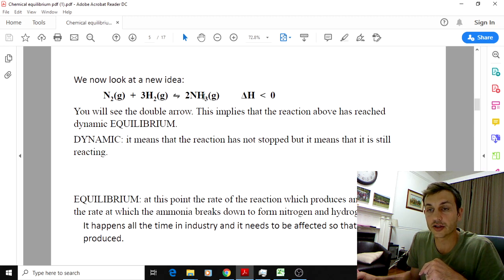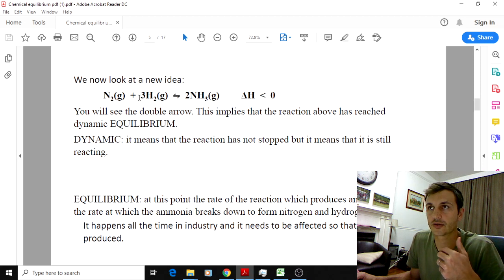That means the reverse reaction has to be endothermic. So if in this closed system we increase the temperature, that's the factor that is changing and affecting the equilibrium. It's going to favor the endothermic reaction. In other words, it's going to favor the reverse reaction, which means it's going to produce more nitrogen and hydrogen gas.